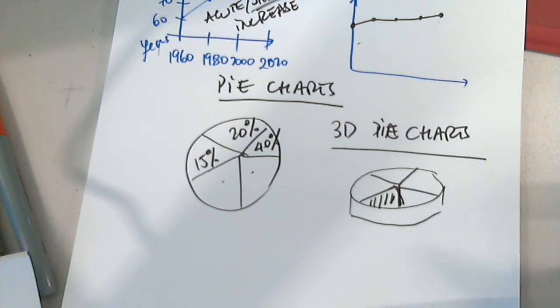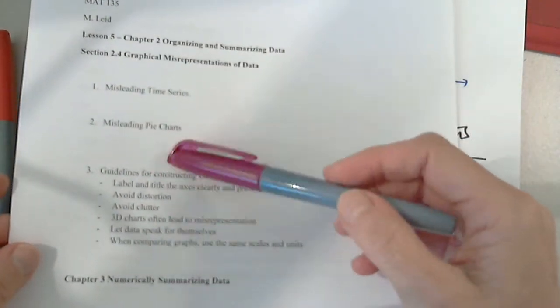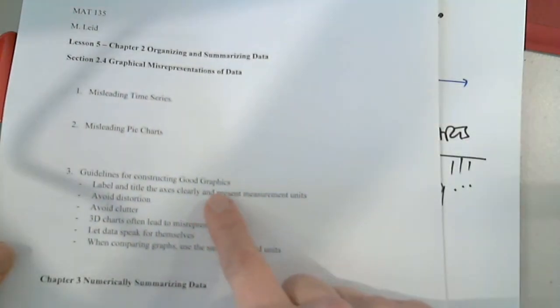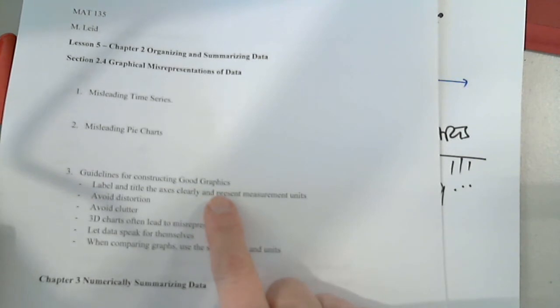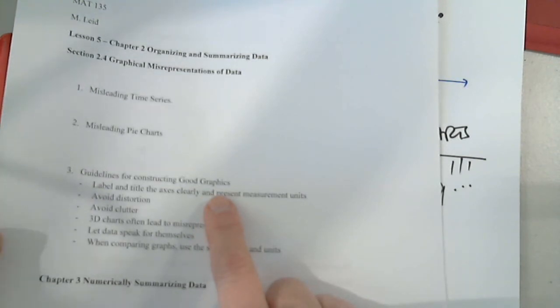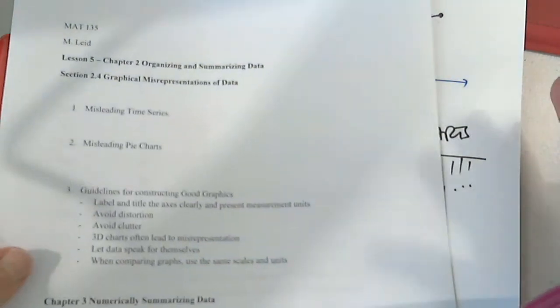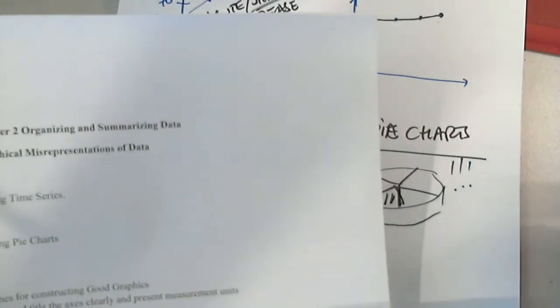So these are normally not good for correctly representing data. And in short, what are the guidelines for constructing good graphs so we don't give the impression that we are trying to manipulate the data or manipulate the results, basically?